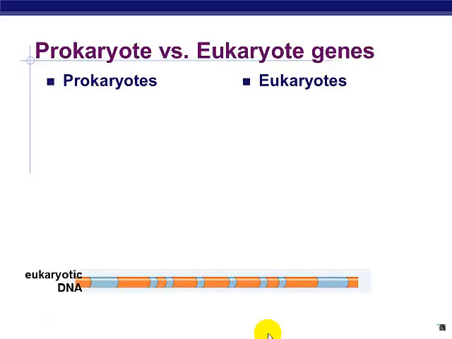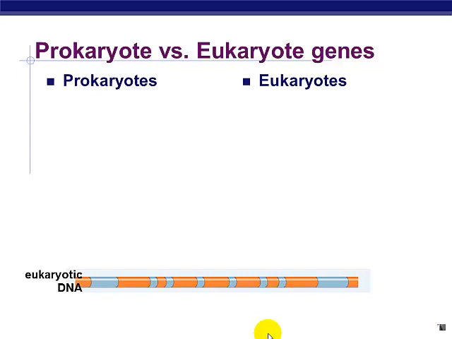I want to show you just really quickly, there are a few differences in how this happens between prokaryotes and eukaryotes. What is a prokaryote? A cell without a nucleus. And who would be our example? Bacteria. In prokaryotes, number one, their DNA is not enclosed in a nucleus.